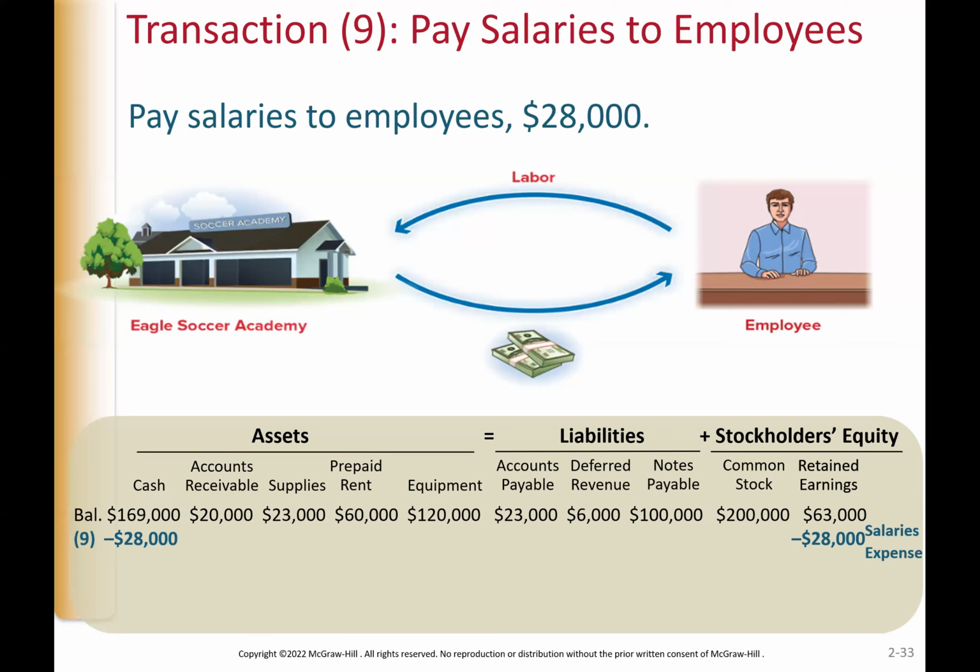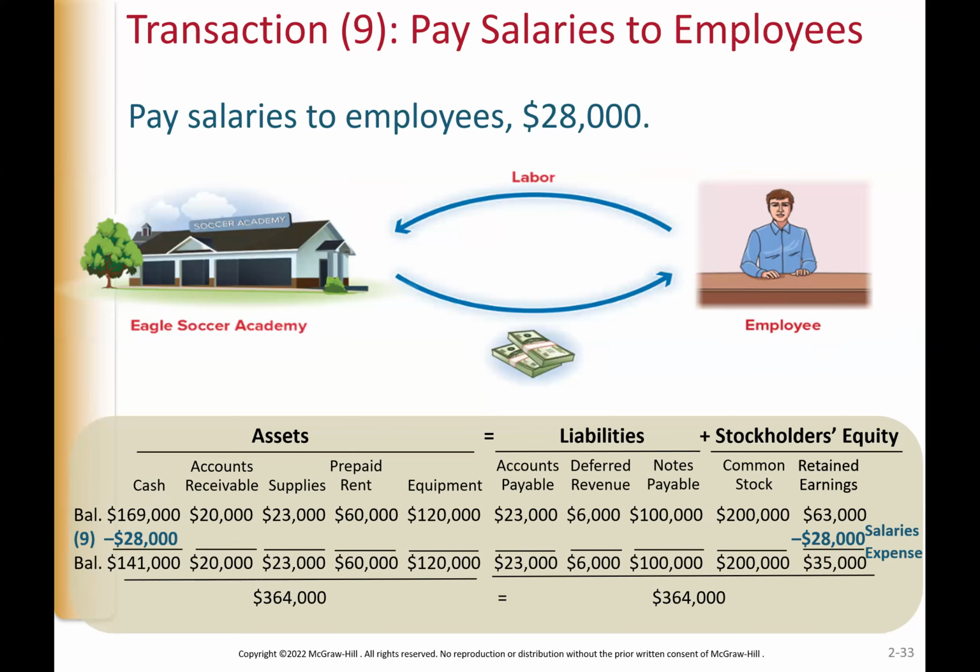We know that revenues increase our stockholders' equity through retained earnings, and expenses decrease our stockholders' equity through retained earnings. It's an expense account. All expense accounts reduce retained earnings.